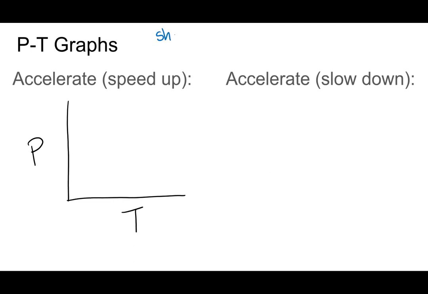So shallow is slow and steep is fast. Well, if we are speeding up, then that means we're going to start shallow and end steep.